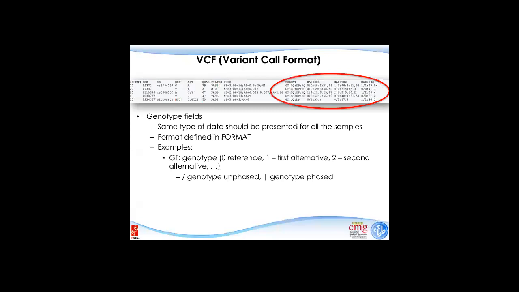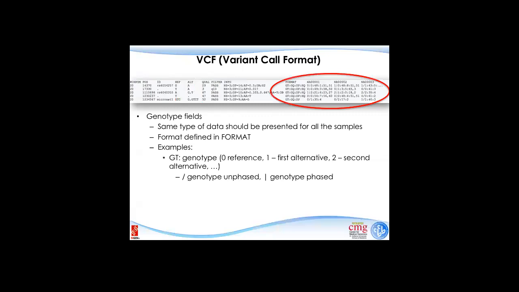That means it's a homozygous reference. And this one is 1-0, it's a heterozygous alternative. This is 1-1, that's a homozygous variant. But every single first position of those numbers will tell you about the genotype.